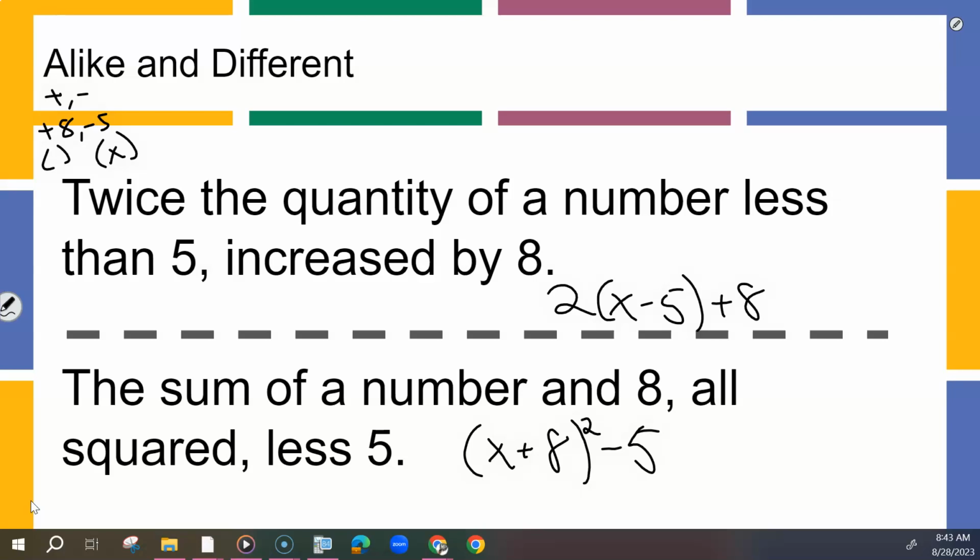What else? The numbers are the same. Even though this one's being squared and this one's being multiplied by 2, there's a 2 and a 5 and an 8 in both.